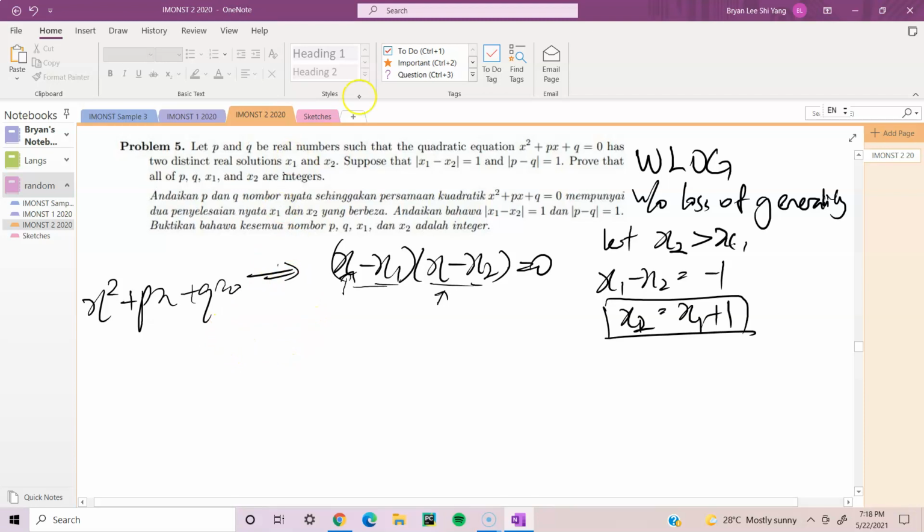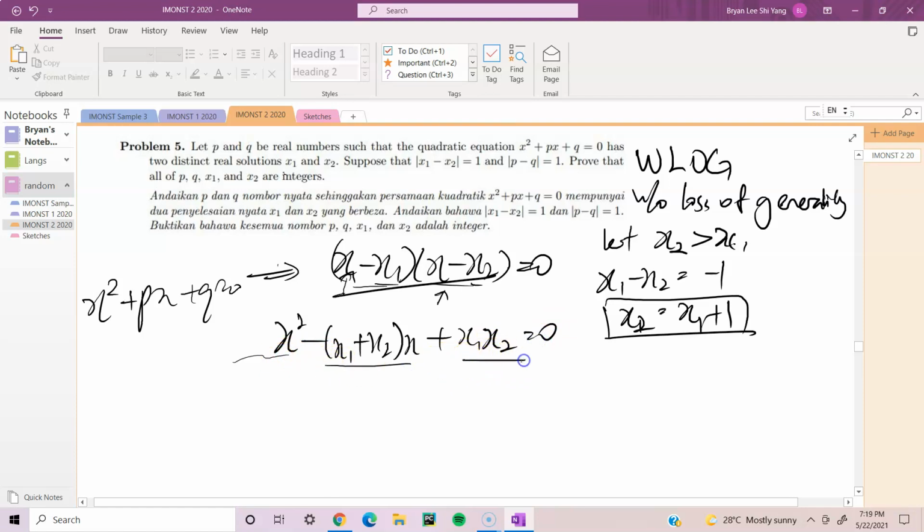Now we can expand this and turn it into x squared minus x1 plus x2 times x, plus, because two negatives make a positive, x1 x2 equals 0.